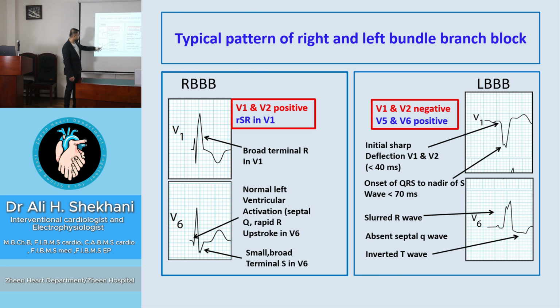In V6, you have deep S. In left bundle branch morphology, when it's typical, usually the first deflection is very short, less than 40 milliseconds, this deflection from R to S. And the onset of the R to the nadir of S is also short, less than 70 milliseconds. This is typical left bundle branch. Anything more than this goes with VT until proven otherwise. I will explain later on in the following examples.